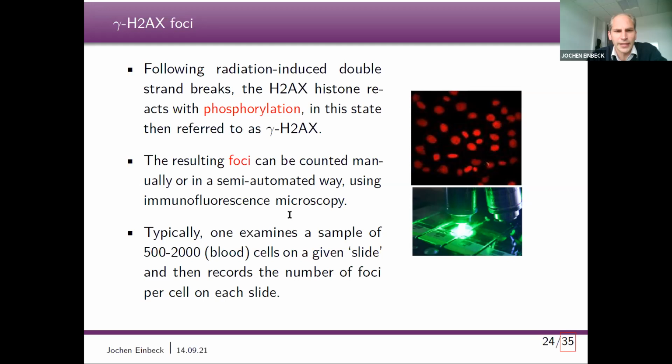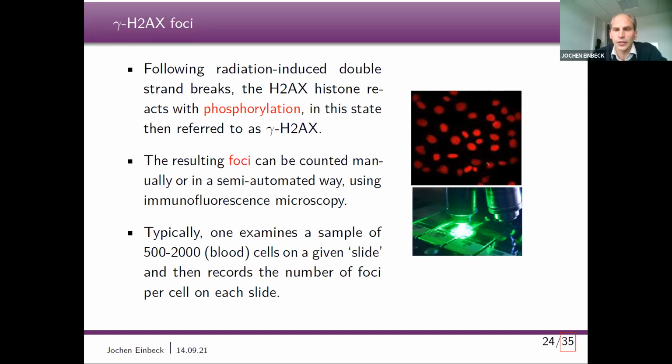In this state, it's referred to as gamma H2AX. And this phosphorylation can be made visible through immunofluorescence microscopy.